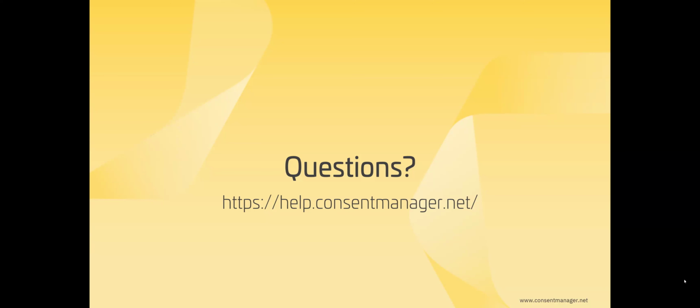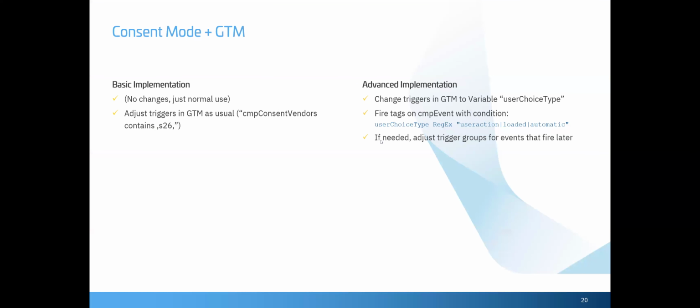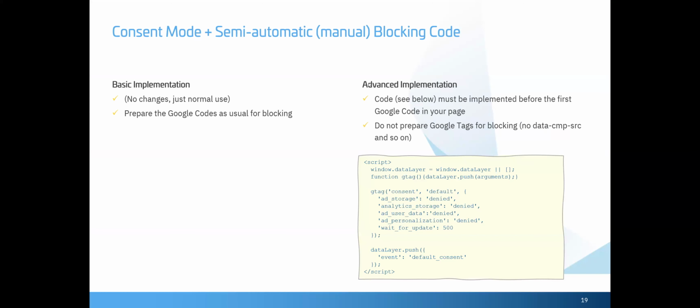And depending on what you're using, let's just go back two slides here. Depending on whether you're using basic or advanced implementation, if you're using the advanced implementation, you need to have this extra code snippet before the first Google tag in the page. So that's recommended to be in the page, or in a synchronous external script. It needs to load before any Google tag if you want to use the advanced implementation.